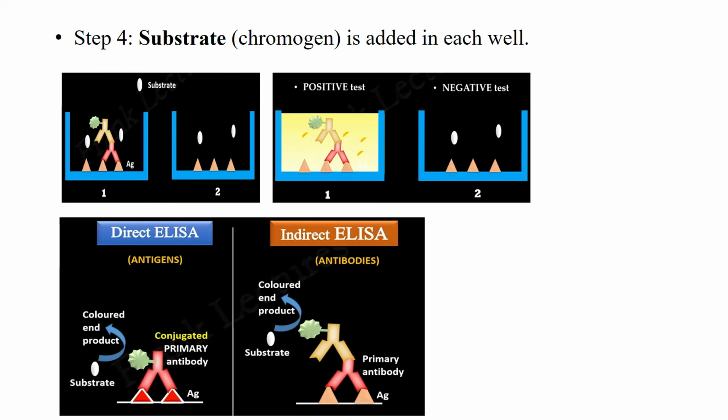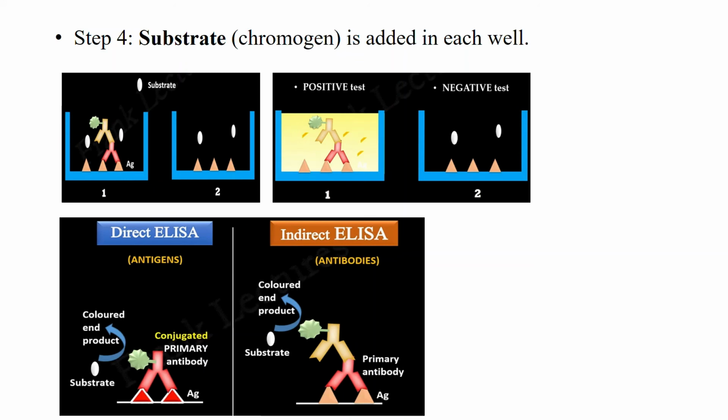And earlier we have already discussed the direct ELISA and indirect ELISA. Now we get to know the difference between these two. Here we can see that the conjugated primary antibody has attached with the antigen, that is a small complex, and then we have added substrate, and again the color formation has occurred.